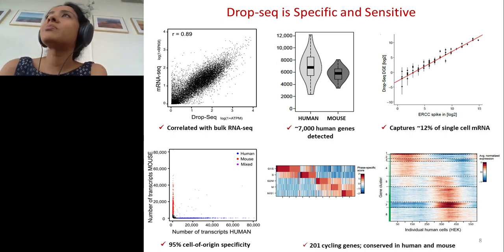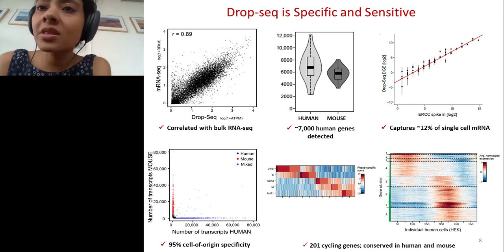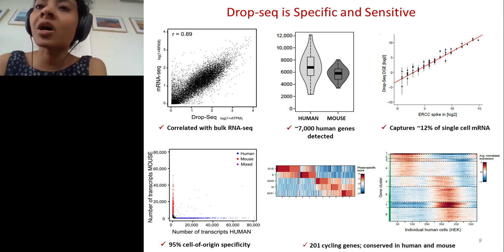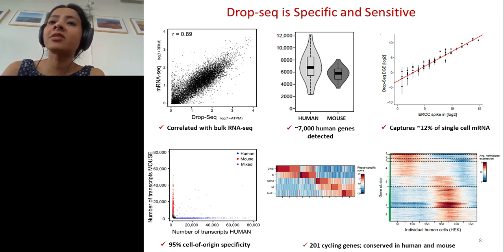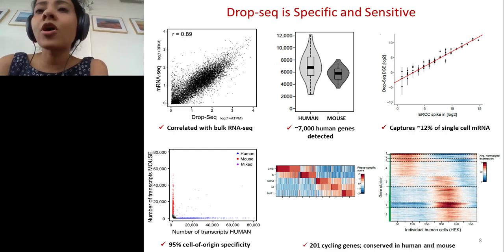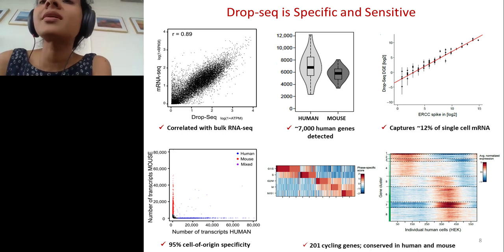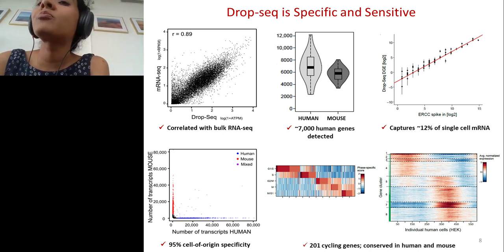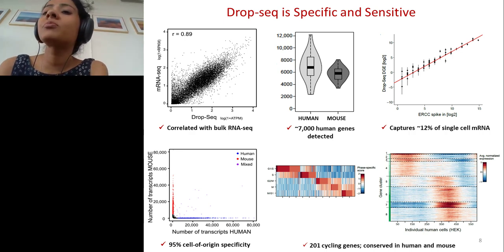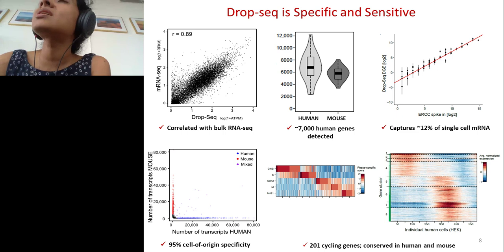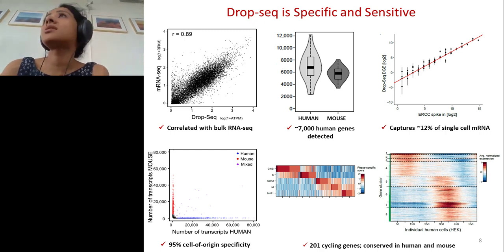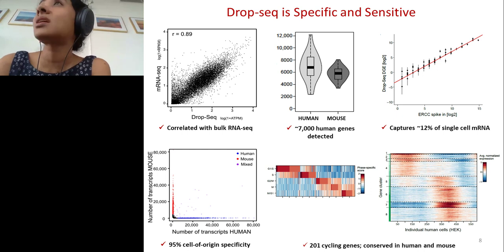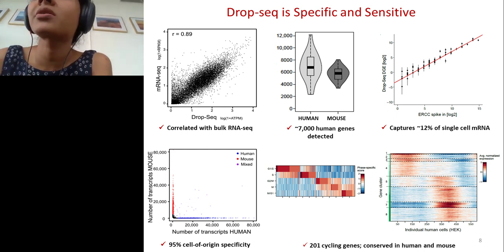There is a small scattering of dots in the center. I'm looking at the panel at the bottom left. There's a small scattering of drops or cells that have transcripts from both the mouse and the human genome, and that can be a droplet where both a human and a mouse cell got encapsulated and processed together. So it shares the same barcode.